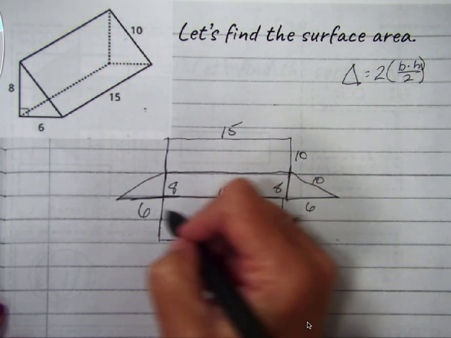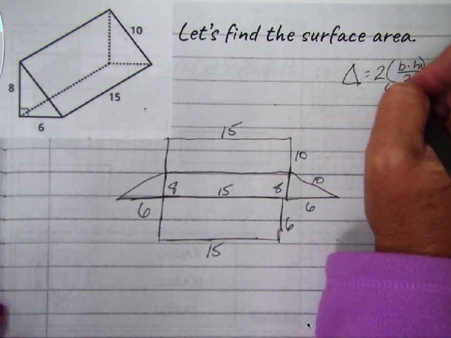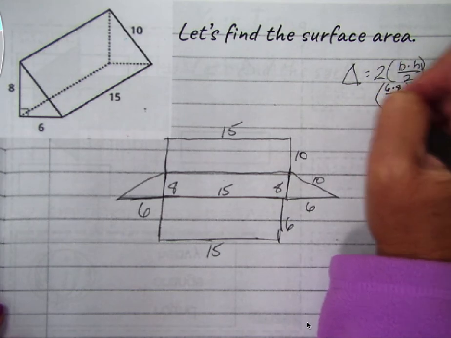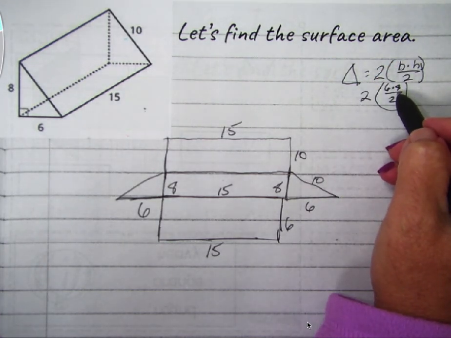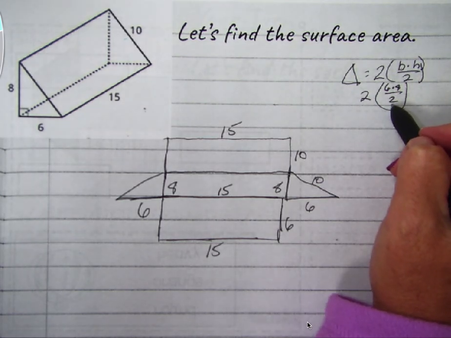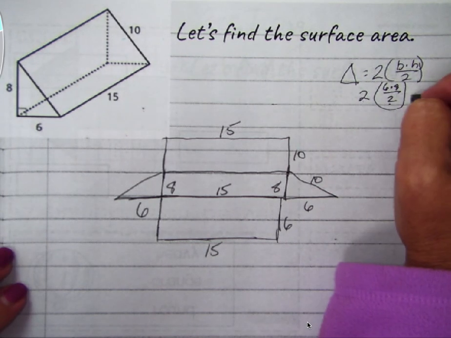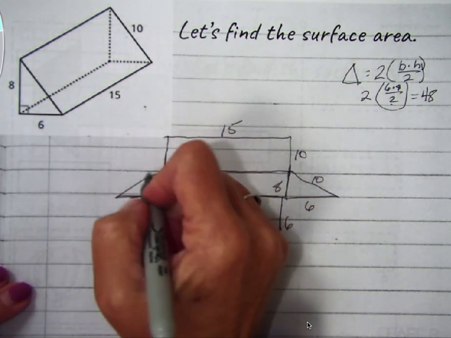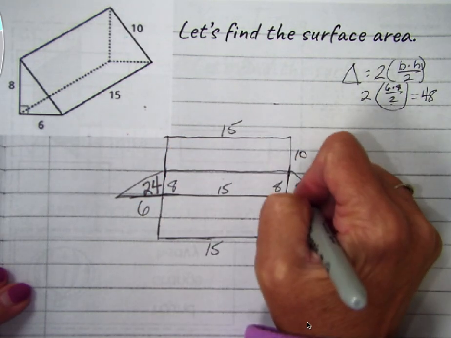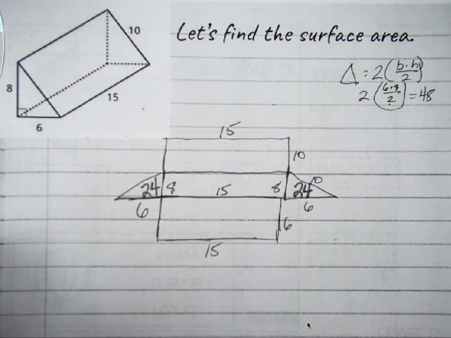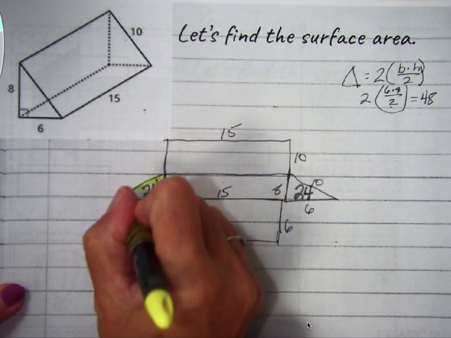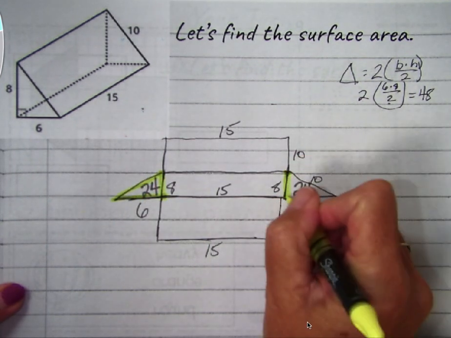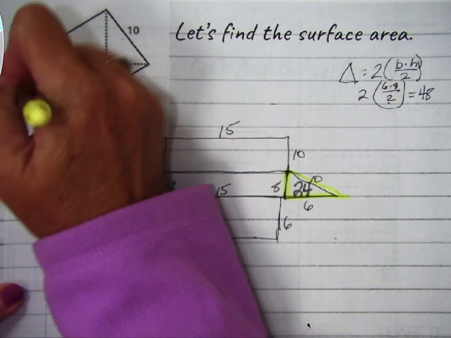Well, my base is 6, my height is 8, divided by 2, all of that times 2. 6 times 8 is 48. 48 divided by 2 is 24. 24 times 2 is 48. So my triangles are 48. So that means each one of them is 24. Okay? My next little part, actually, let me highlight this so that you can see what corresponds to what.